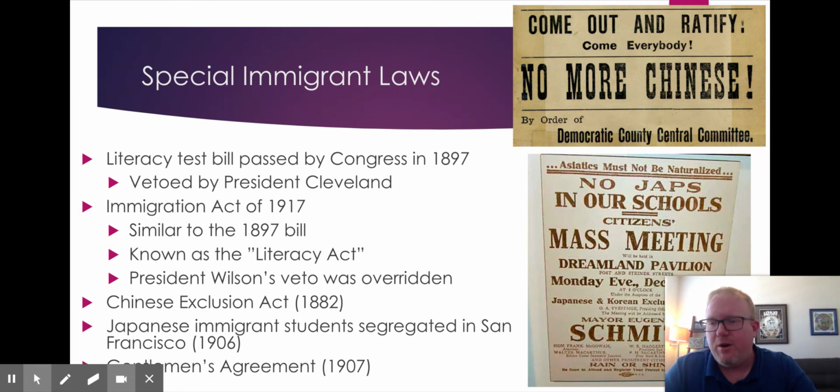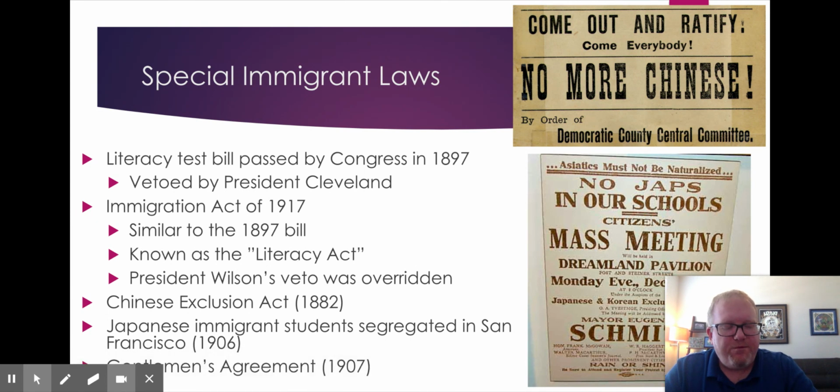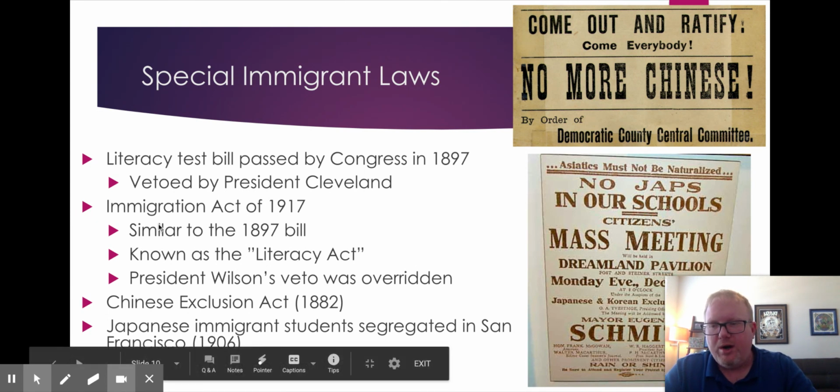You were banned from immigrating to the United States for 10 years starting in 1882. However, in 1892, that law was extended for another 10 years. And then in 1902 it is extended indefinitely, and it ended up finally being repealed or stricken from the records in 1943.